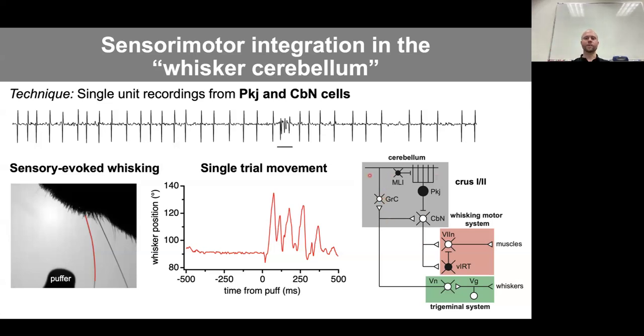After being processed by the cerebellar cortex, this information is transferred to the cerebellar nuclei, which have been shown to be directly connected to facial motor neurons in the facial motor nucleus, as well as directly connected to the whisking CPG in the intermediate reticular formation. And so we think that the cerebellum is a great place for looking at whisker-related sensory motor integration.